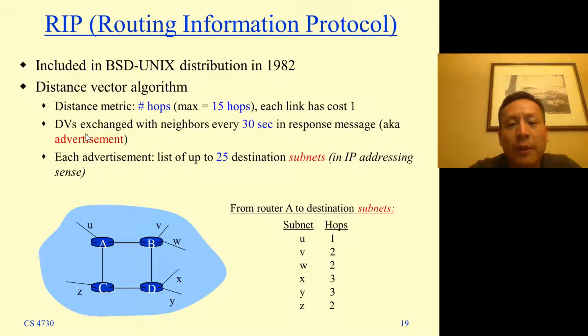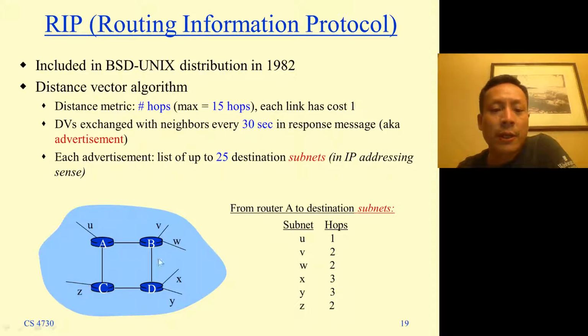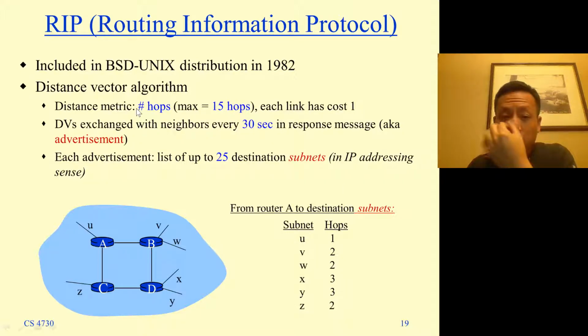So a typical network, for example in this scenario, as shown at the bottom of this slide, is like this. Basically, if we use hops as the metric, we just count how many hops you have to go through from a source to a destination.